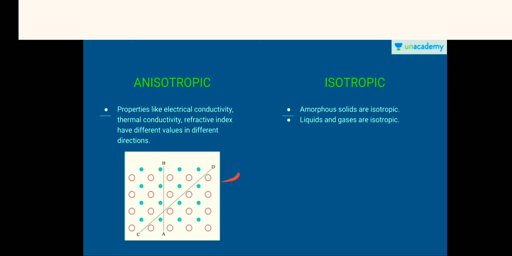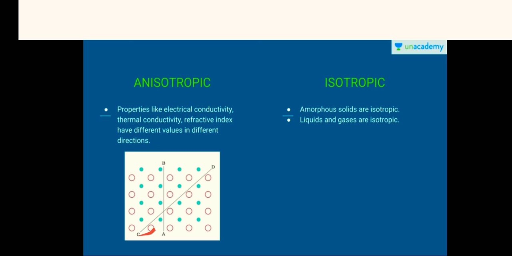When we are moving along positions A and B, you can see that only blue particles are aligned in this area. But when we are moving from C to D, there is one red particle, then one blue particle, then again one red particle. So alternate positions are given to two different kinds of particles.